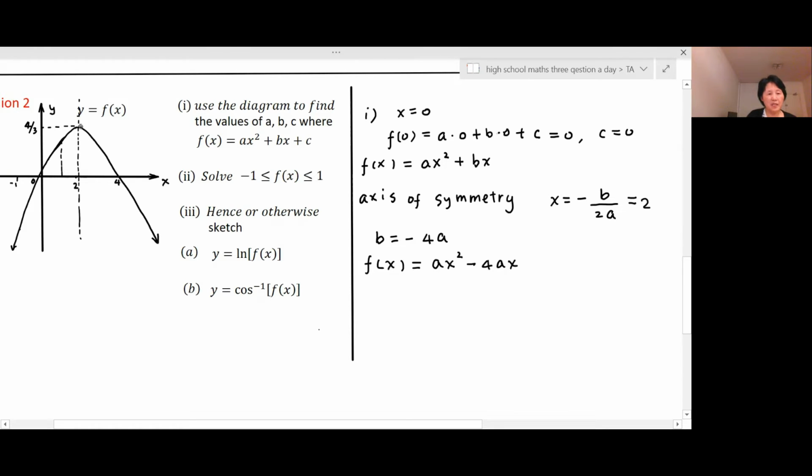Okay, I got this one. Then I substitute this point, this vertex here, this maximum point when x equals 2. This y value is 4 on 3. I substitute this point into this function.